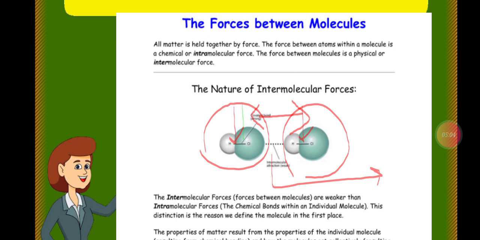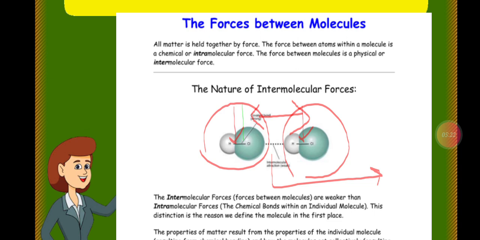Whereas in intermolecular forces there is no such involvement. It's just the attractive forces which are pulling the two molecules together. They are weaker as compared to chemical bonds.